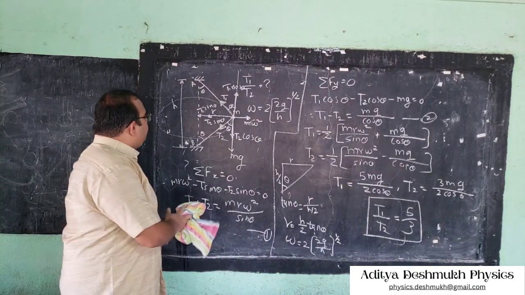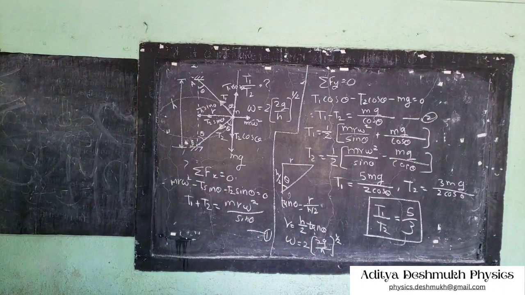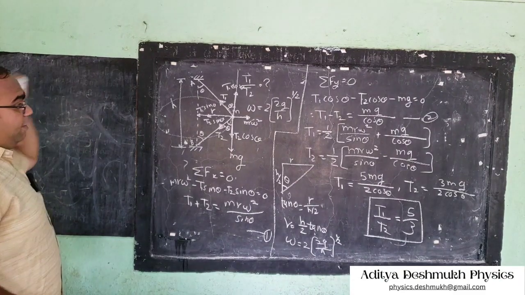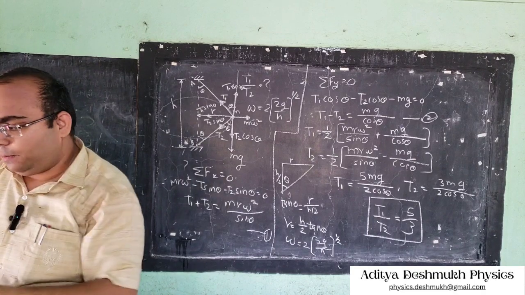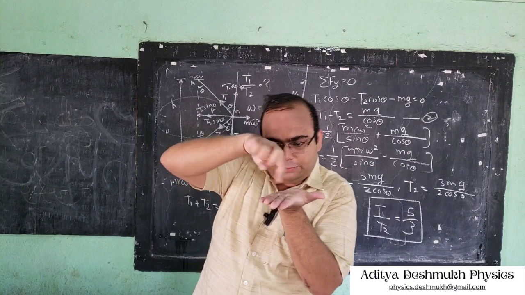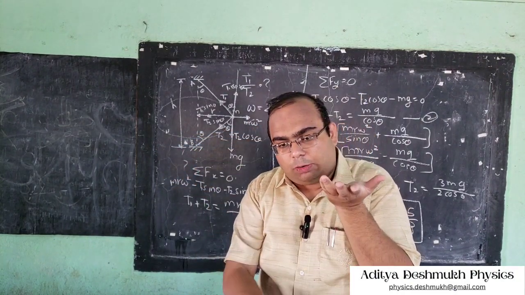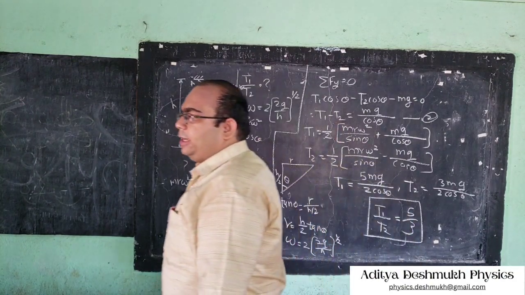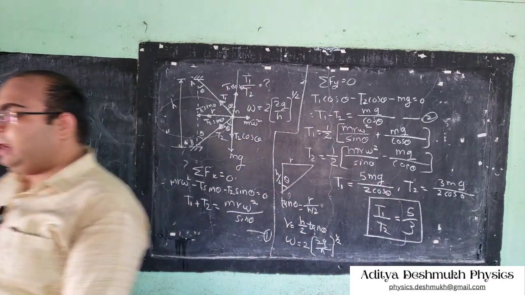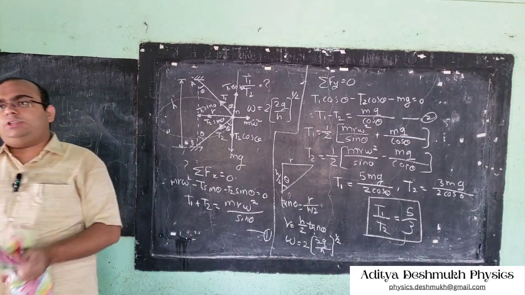so don't be afraid of systems like these, which can look difficult, but are very easy. Even in the last problem where we took the table and there was a particle following horizontal circular motion on the table, and a second particle following conical pendulum motion below the table, one might feel that the system is difficult, but the solution was very easy.